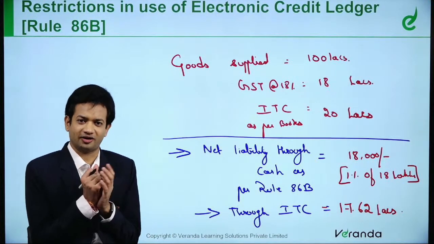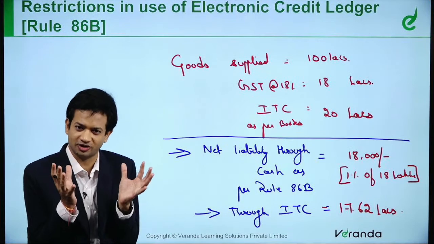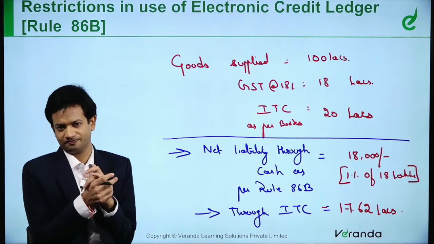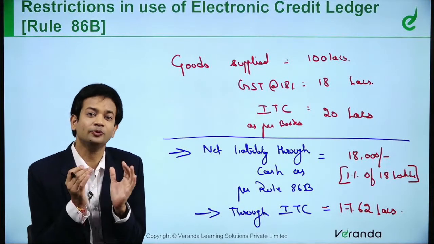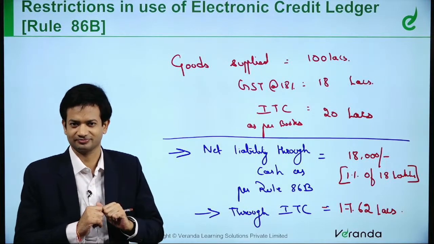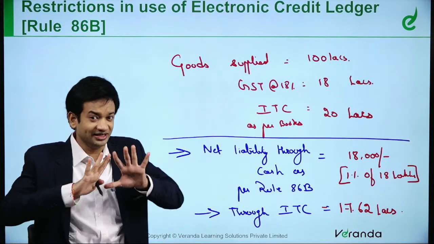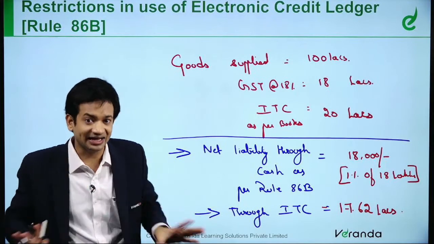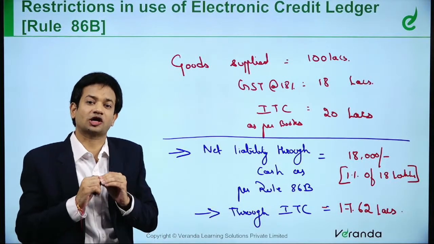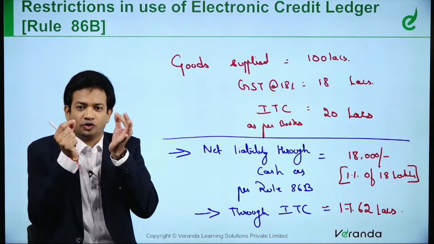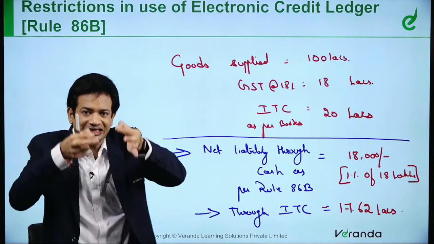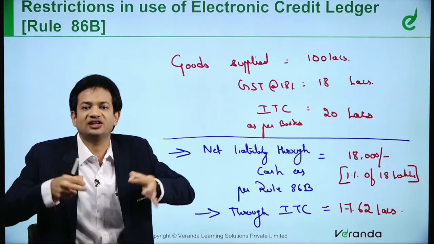I might be a small trader, a small businessman, a small service provider, or a small manufacturer. So they say that up to 50 lakhs, this scheme is not applicable. Only for monthly turnover. I repeat, here we are not talking about aggregate turnover. Here we are not talking about previous year turnover. Here we are only talking about turnover in a month, which is 50 lakhs.